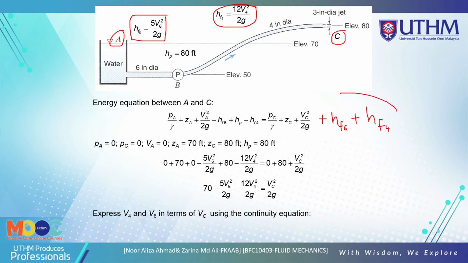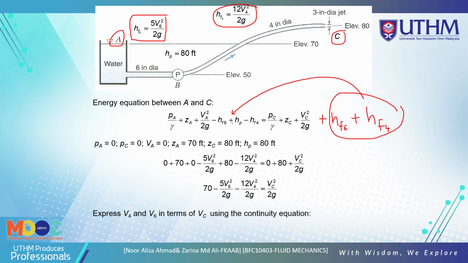But this HF4 and HF6 just go to the left side. Dia bawa pindah ke left side. That's why we get the negative HF6 and negative HF4, because we put them at the pump here.